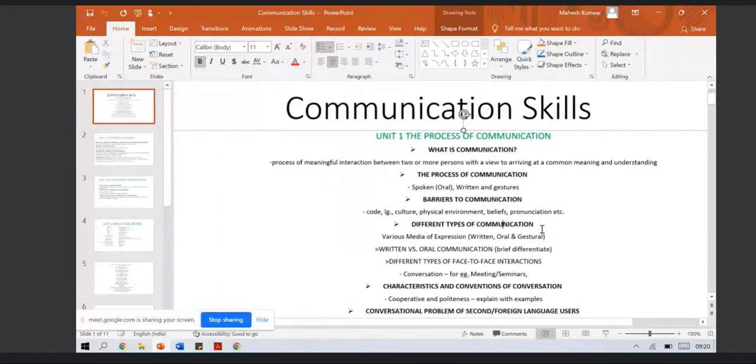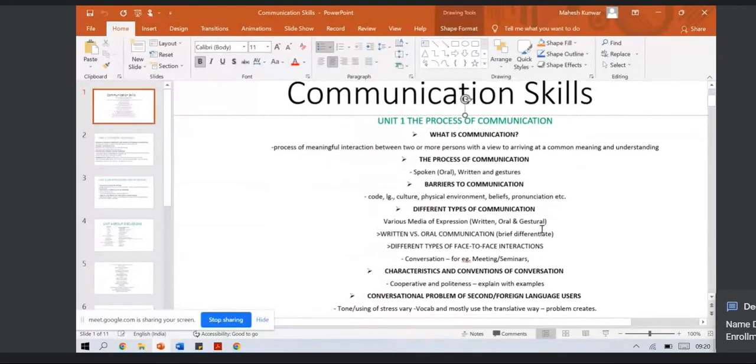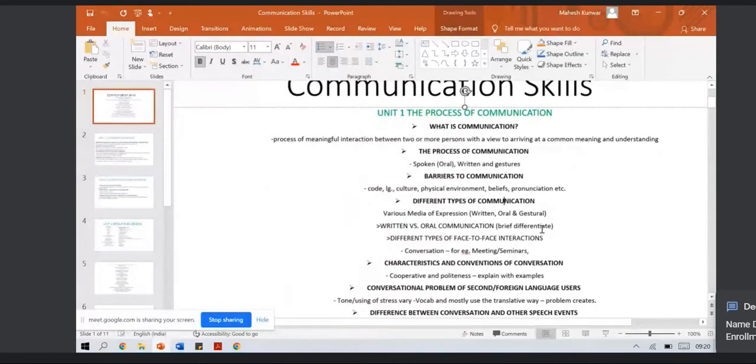And if we talk about the different types of communication, as I said earlier, like oral communication, written communication, and gestural communication is also considered a different type of communication. But once more, body gesture or sign language may be part of oral communication.